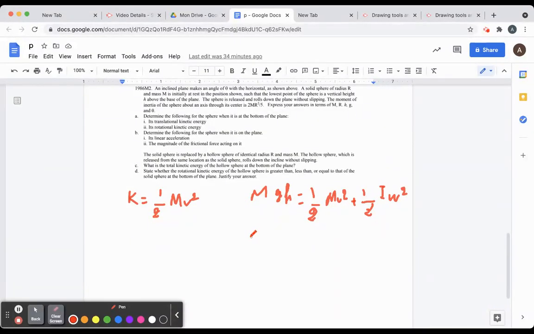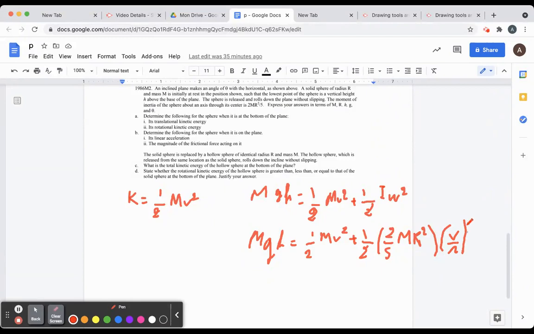So we'll put mgh equal 1/2 mv square plus 1/2 times the moment of inertia, which is given, 2 over 5 mr square times omega square, and we can replace omega by v over r square.